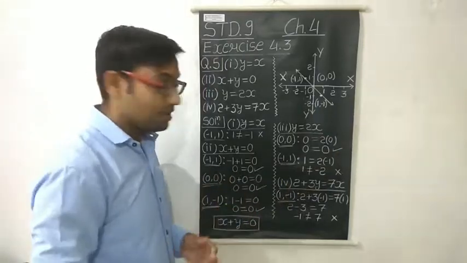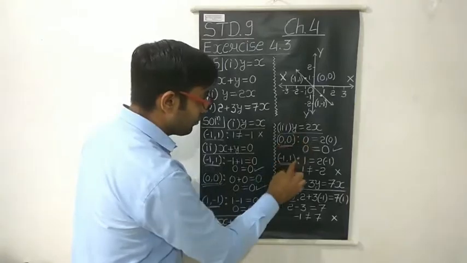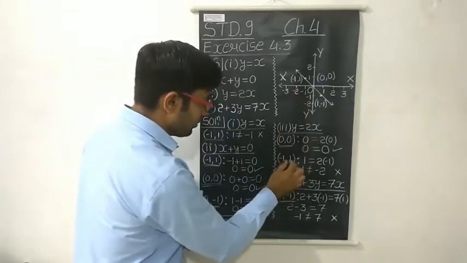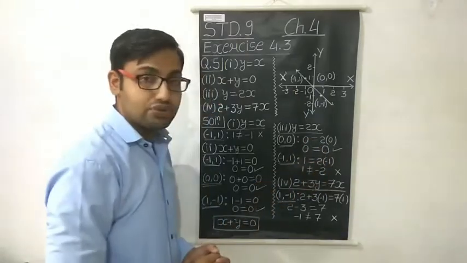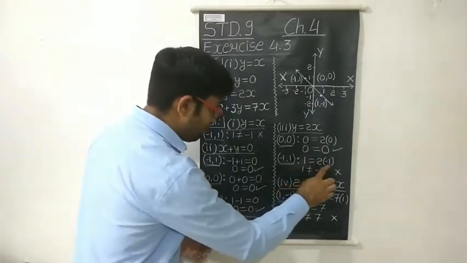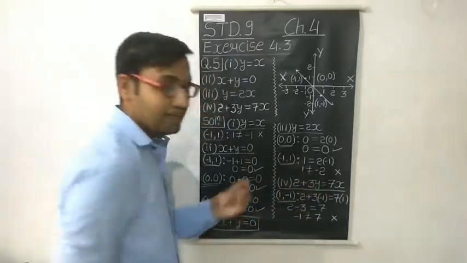So let us now check another point, that is (-1, 1). Instead of y we put 1, instead of x we put -1. So 1 equals 2 times (-1). 1 is here, but 2 times -1 is -2. 1 and -2 are not equal.